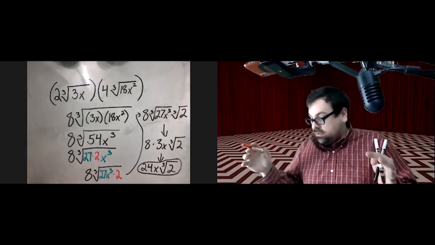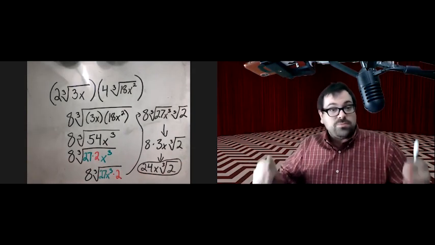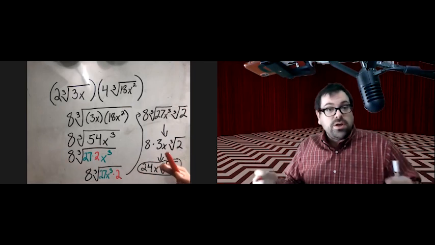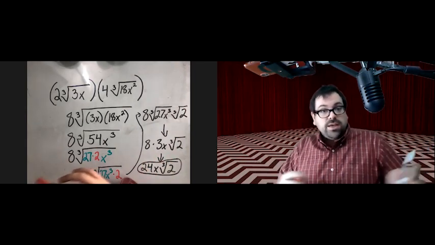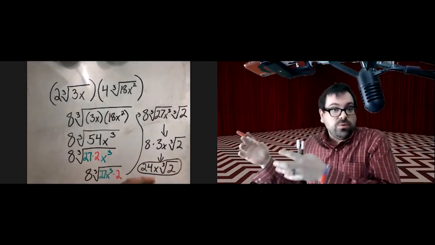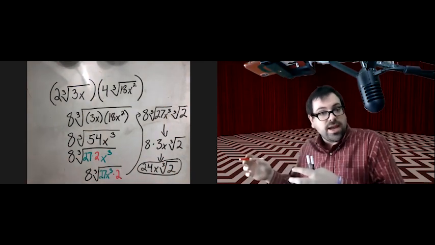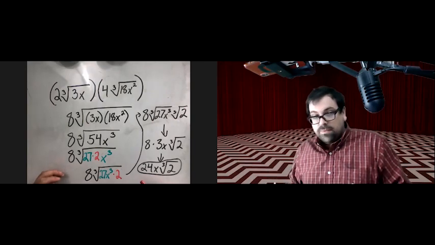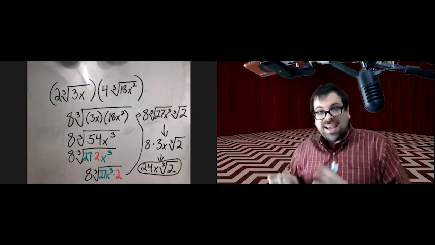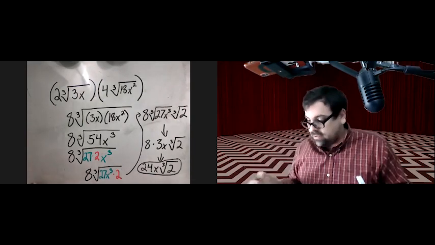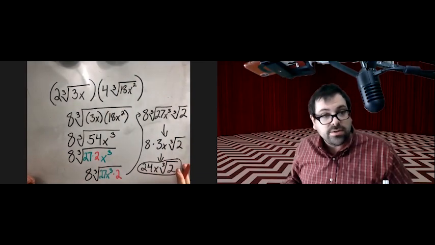And now everything about adding, subtracting, and multiplying radicals you need to know, because if we ever see radicals moving forward, and we will, not just in this class, but also the next course, you're expected to know how to do all this.